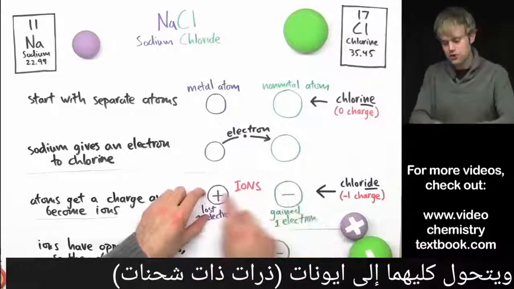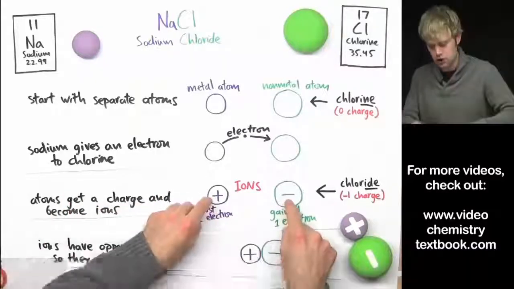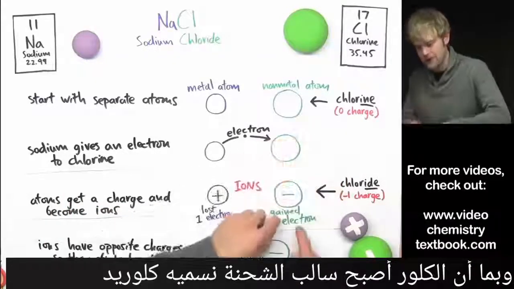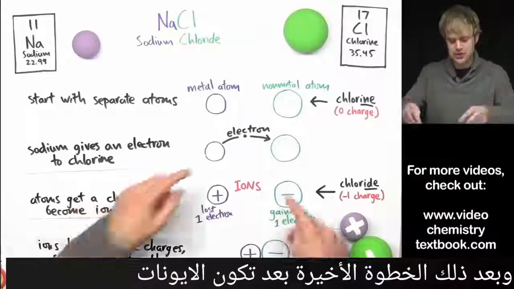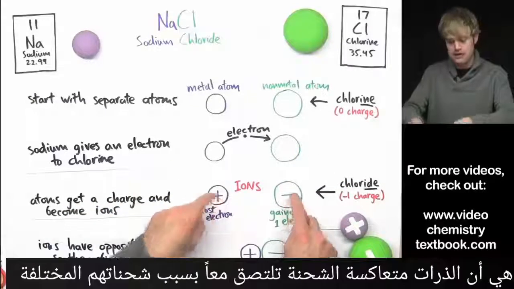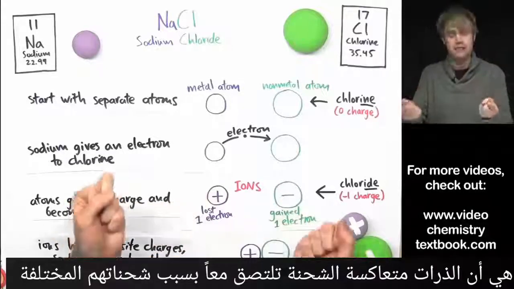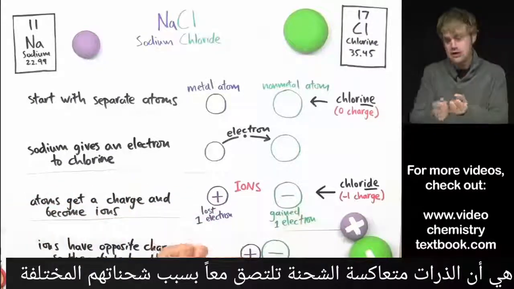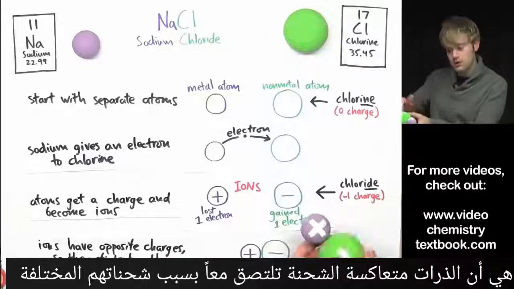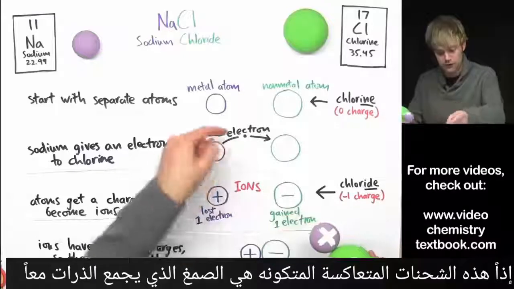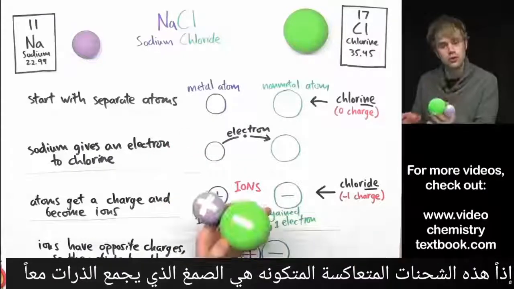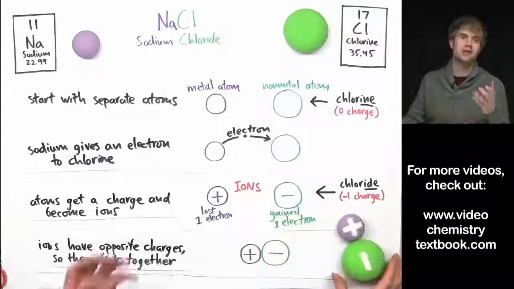And they both turn into ions, atoms with a charge. And since chlorine became negative, we call it chloride. And then the last step after the ions form is that the oppositely charged atoms stick together because of their opposite charges. So it's those opposite charges that are the glue holding the atoms together.